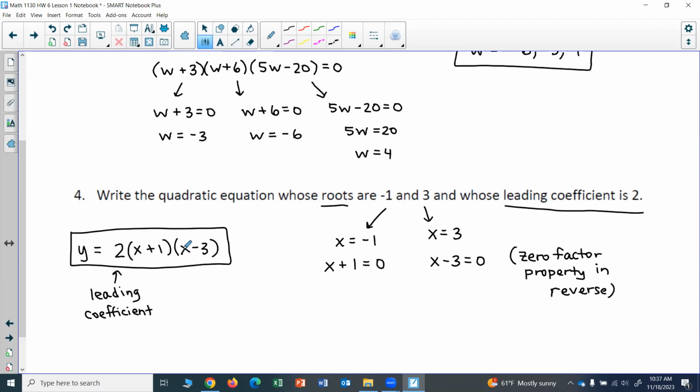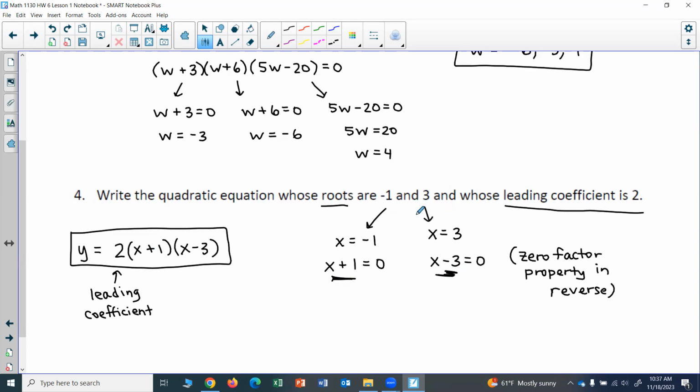So it's a quadratic. And notice the factors have the opposite signs of the roots. Just like up here, my roots had the opposite signs of the factors. So I'm using that zero factor property in reverse to figure out what the two factors needed to be in order to get these two roots.